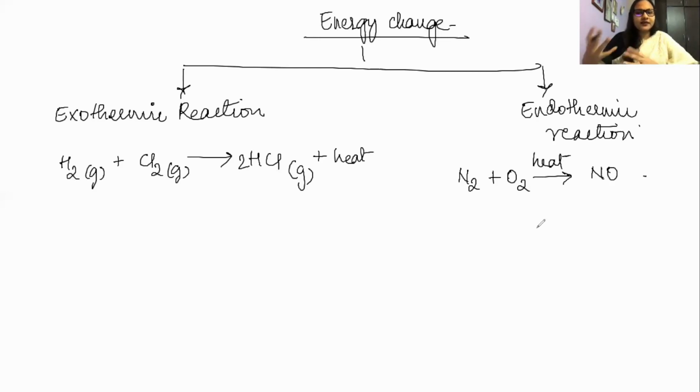So if the reaction is an endothermic reaction, I will mention the heat energy on top of the arrow like so, because heat energy is absorbed. And if the reaction is an exothermic reaction and heat energy is released at the end of the reaction, then I will mention the heat in the products along with hydrogen chloride, which is our example over here.